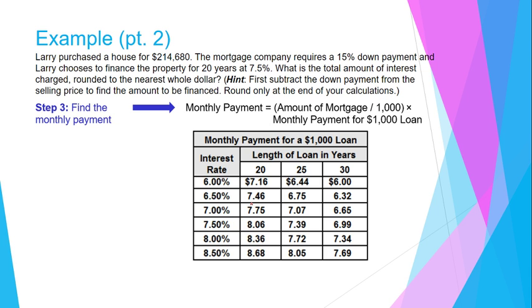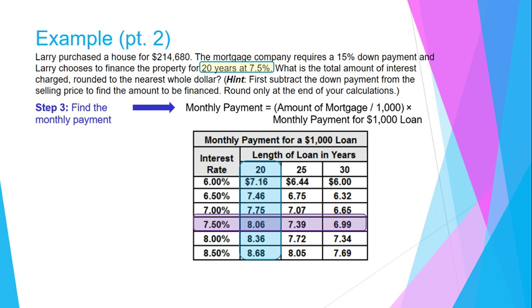So we look at the column for 20 and the row for 7.5%, or 7.50, and where they overlap is 8.06. What that means is for every $1,000 that you borrow, you have to pay back $8.06 every single month.